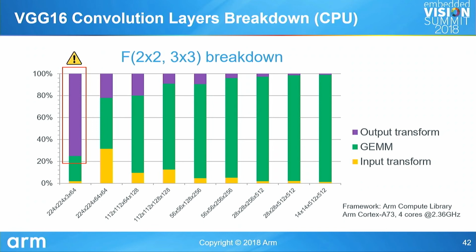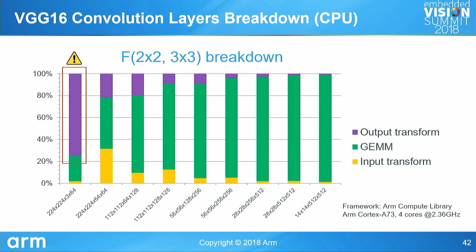Most of the time here, we are going to spend time just reshaping or transforming our output values. So GEMM is not the heart of this convolution layer. But in all other cases, GEMM is essentially where we are going to spend most of the time, which is great. The performance for this slide concerns the CPU implementation.